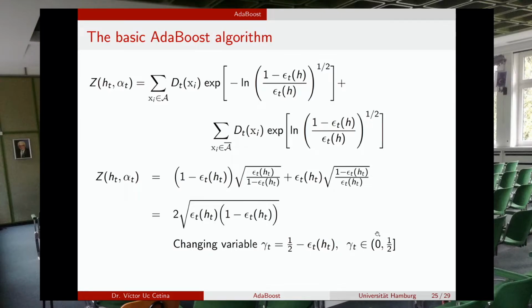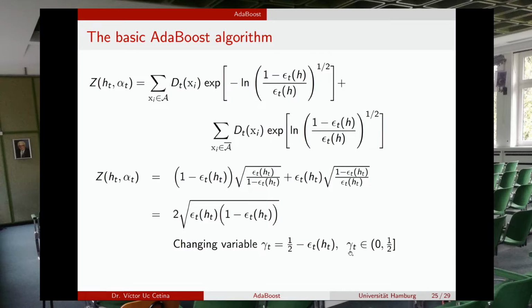But we write that interval here open because we know we will never get a 0, because this error can never be 0.5. It should be smaller than 0.5. So on the left we have an open interval, and to the right we have a closed interval. Okay, so these possible values for gamma are important in the next steps of our analysis.